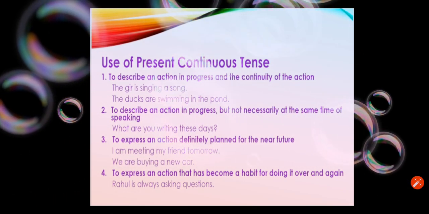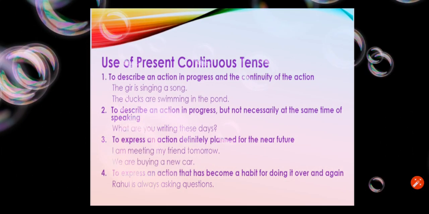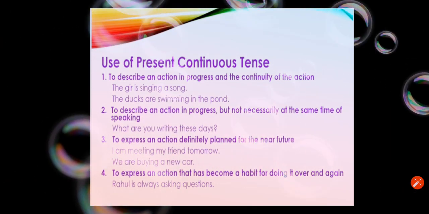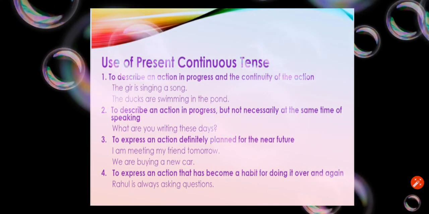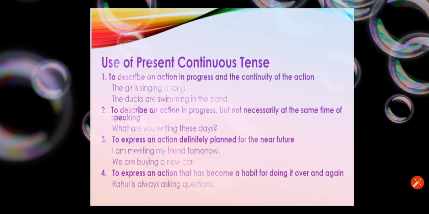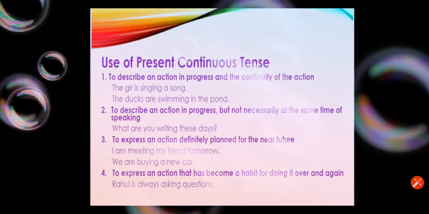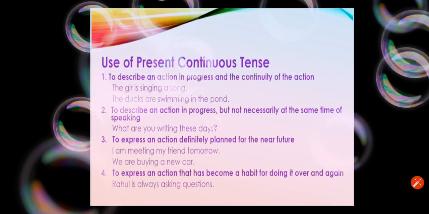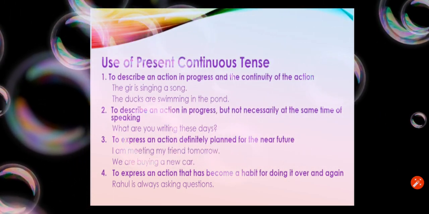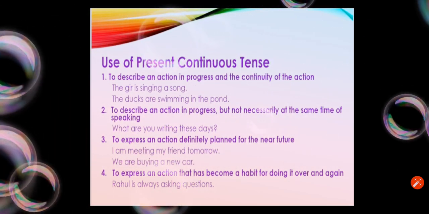Third, to express an action definitely planned for the near future. Like, I am meeting my friend tomorrow. We are buying a new car. All these actions are planned but for the future, then we will use present continuous tense.